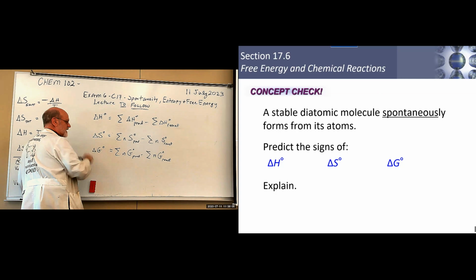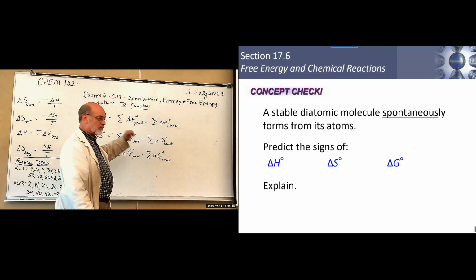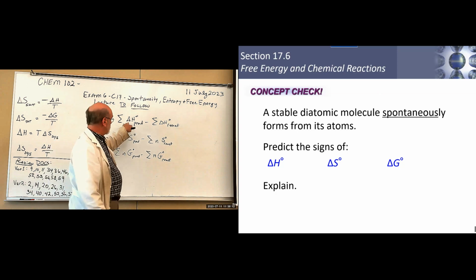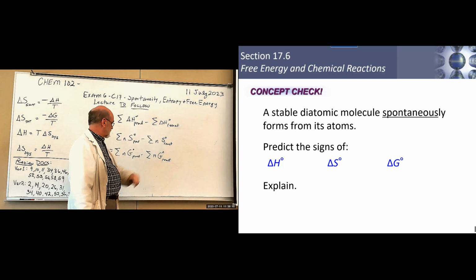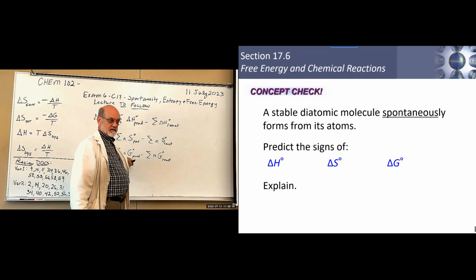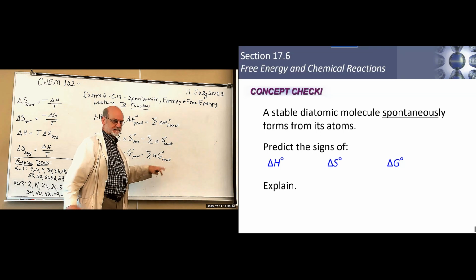Whereas these values, even for elements, you will always have a value here. But for elements, remember, for enthalpies, the elements are 0 enthalpies. Same thing for Gibbs. Under standard conditions, the elements under their most stable room temperature and pressure conditions are 0.